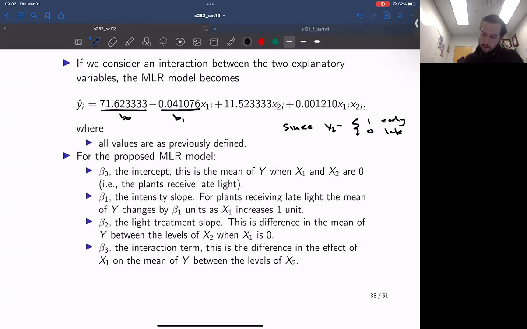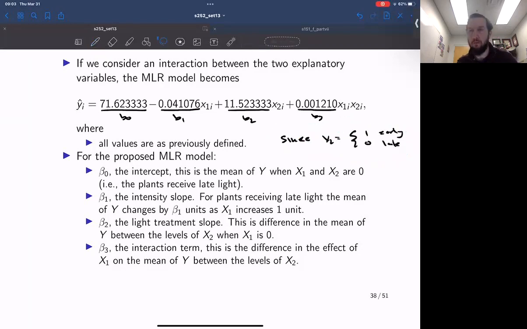Okay. This value here, beta 2, is the expected change in the number of flowers that grow between the late and the early groups, but it only applies to the intercept. And then this term here, which would be beta 3, this term actually represents the difference in the slopes.